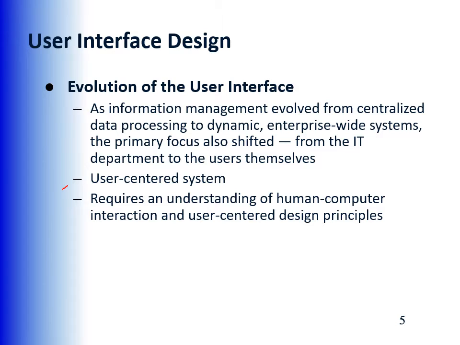So all tasks require interaction with the computer system, and the user interface become important element in the system design phase. All right. So the user interface design requires an understanding of a human-computer interaction and a user-centered design principle.